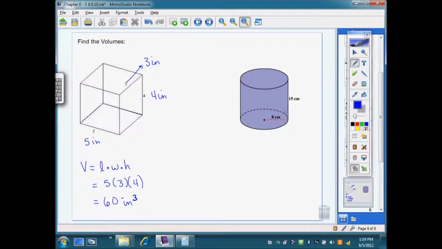And here, I know your picture came out way too dark. Sorry. But your radius is 8 centimeters. So we get 3.14 times 8 squared times 15.